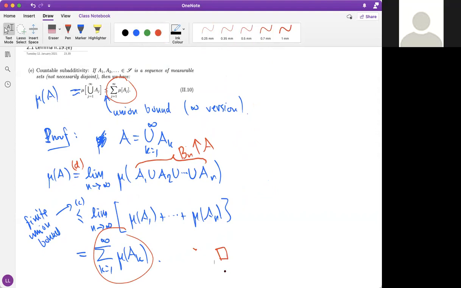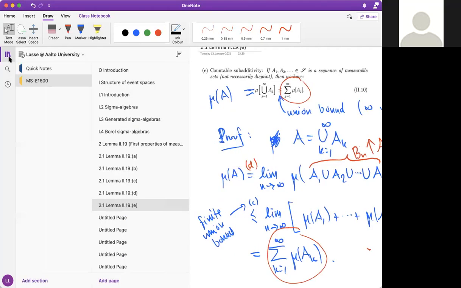And now it is time for questions. Do you have a question about this part? Very good. No questions. So then we conclude that we have proved this lemma. Let's open it in the PDF and look at the lecture notes where we are now.